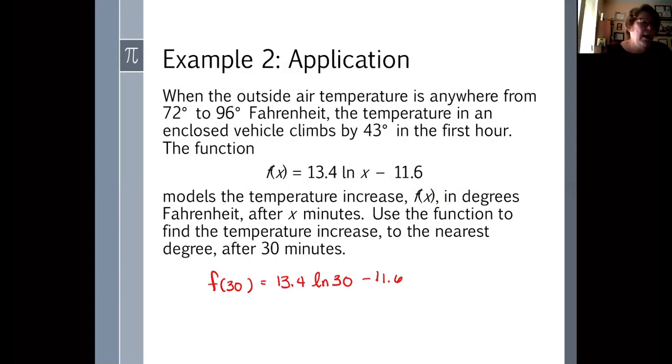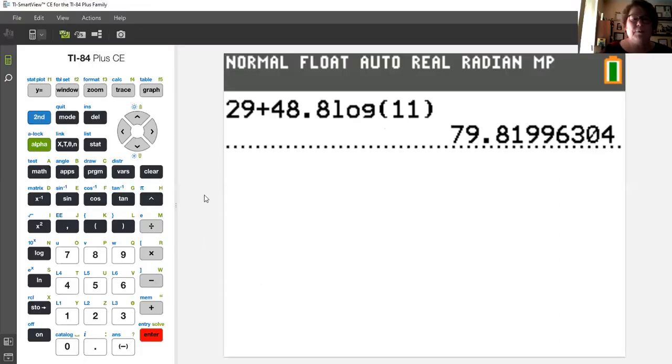Okay, so what we want to calculate is 13.4 times the natural log of 30 minus 11.6. So let's go back to our calculator and calculate this. We're going to take 13.4 times the natural log of 30.